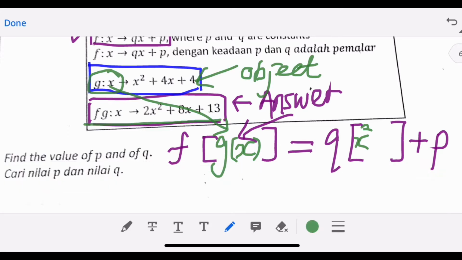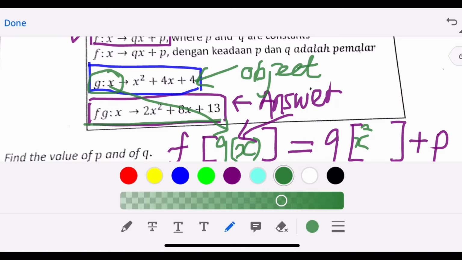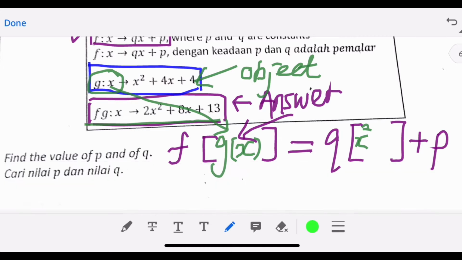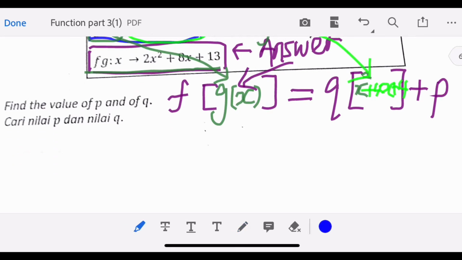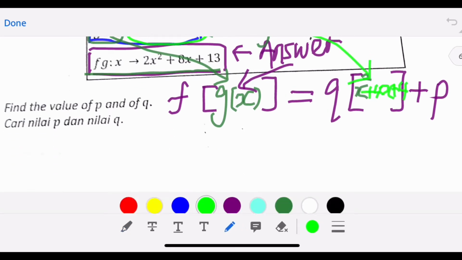Let me change a pen. Okay, now I'm going to highlight to you. We are going to plug in all the right hand side into that. So it's x squared plus 4x plus 4. Okay, so I'm going to plug in here. Let me write it down clearly so that you are not confused.